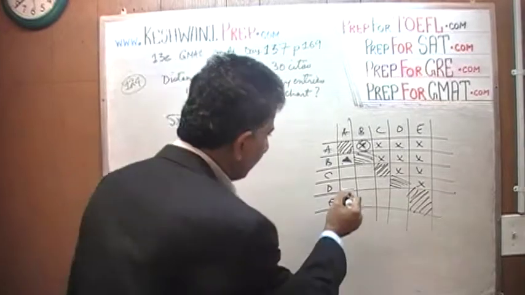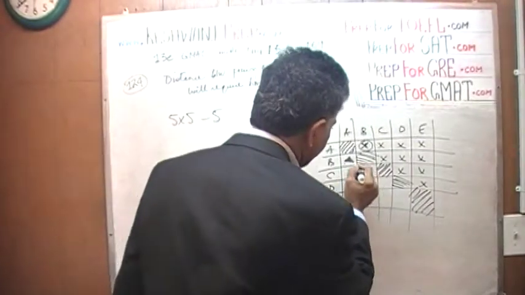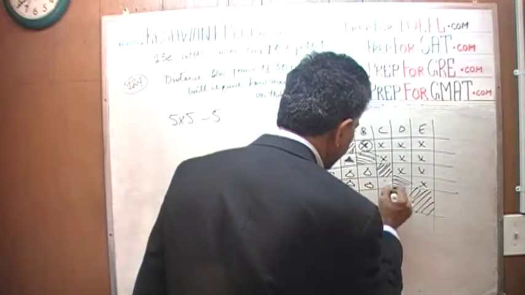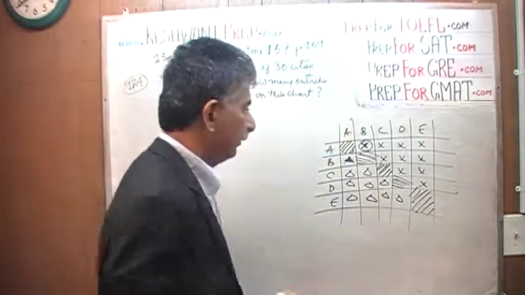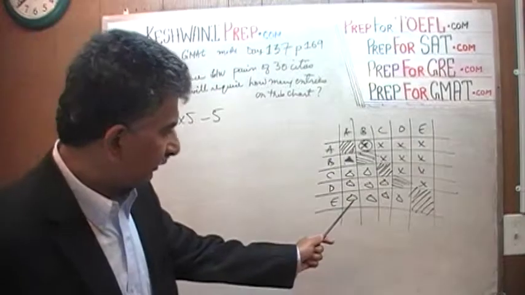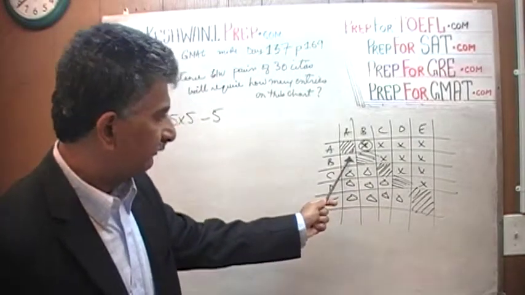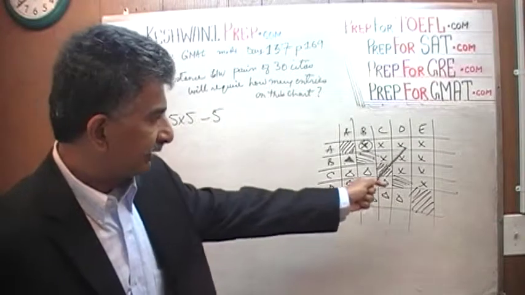So all of the bottom part that we see here are all mirror images of these 10 entries that we see here. 1, 2, 3, 4, 5, 6, 7, 8, 9, and 10. These 10 entries that we see are the exact same entries as this one.